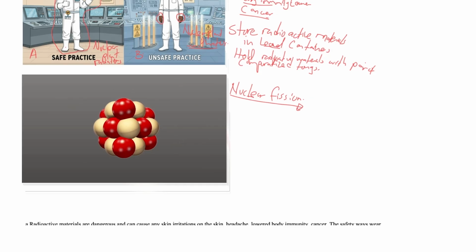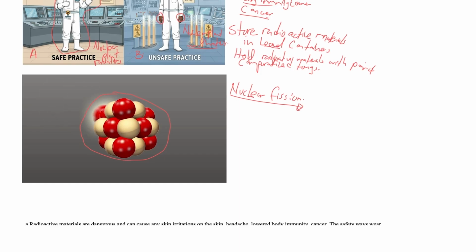With me, I have a nucleus, like you have seen it. It's a heavy one. As I bombard it, what I'm bombarding it with is a neutron. So I have a nucleus.